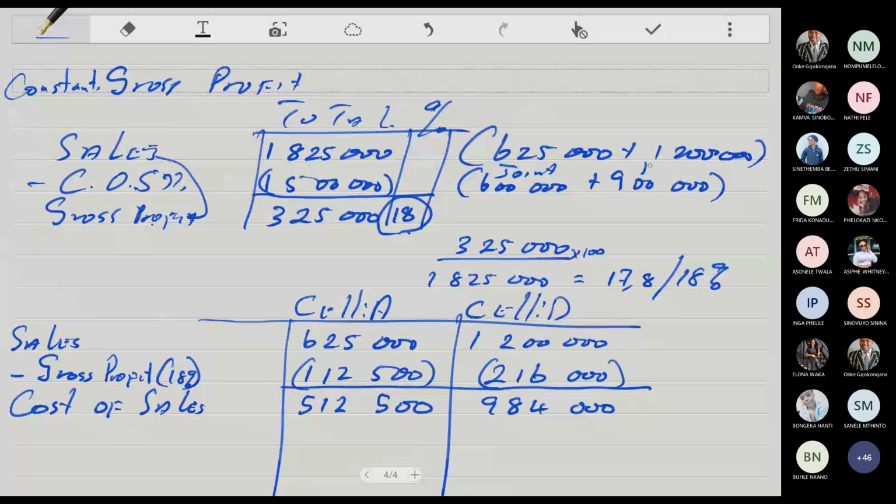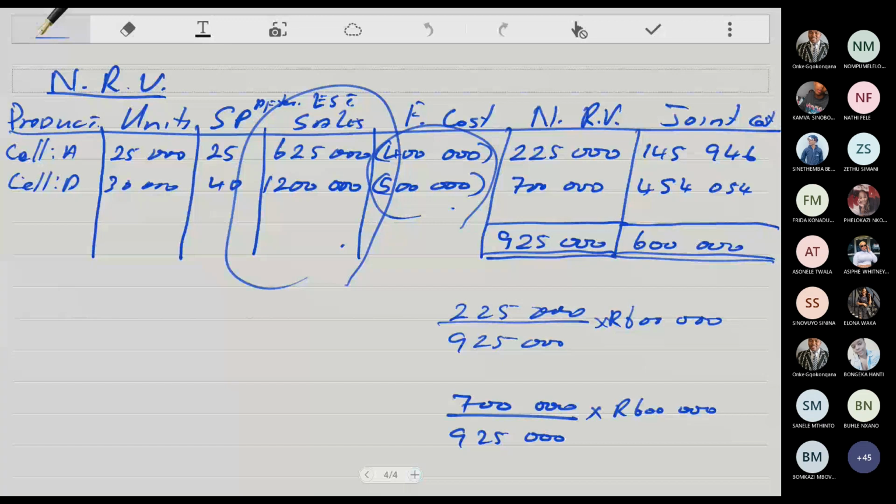Now, when we look at this total cost of sales, we can minus the further cost, because we do know the further cost of cell A and cell D. If you go back here, here's your further cost. Cell A is 400,000, cell D is 500,000. That's what makes that 900,000.